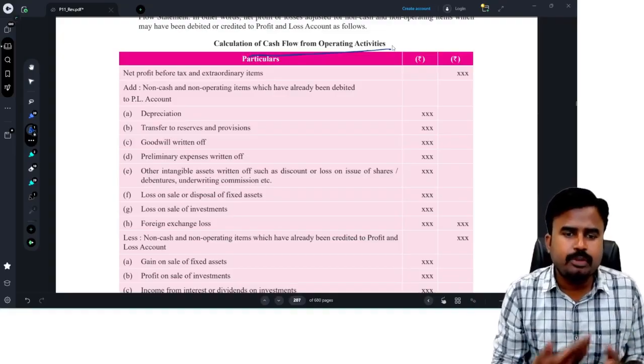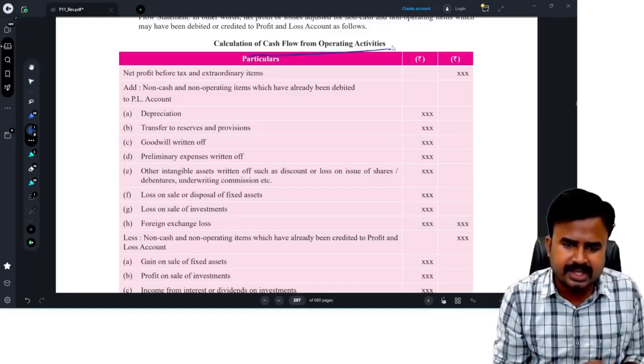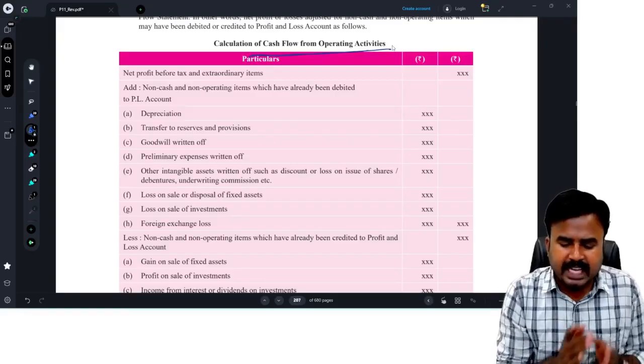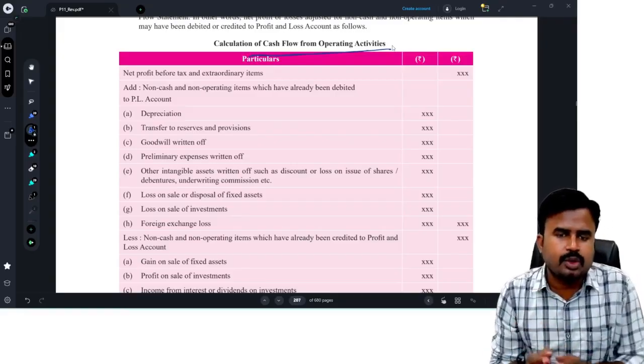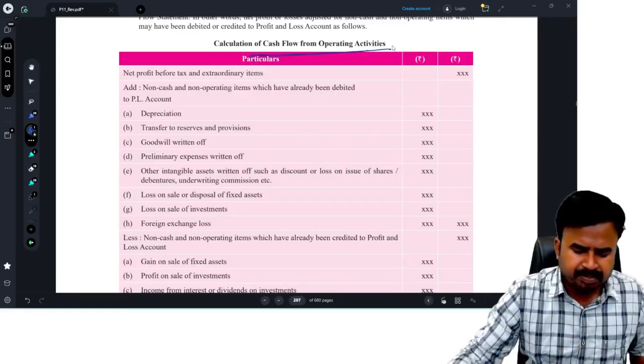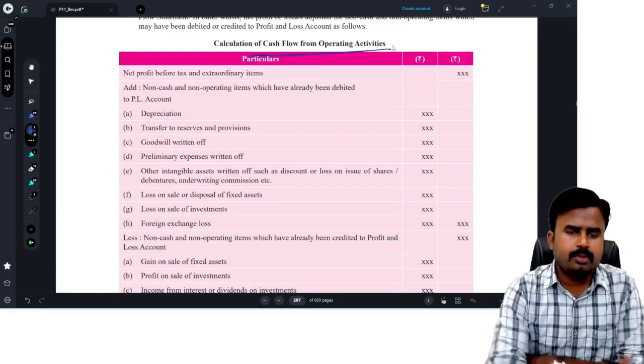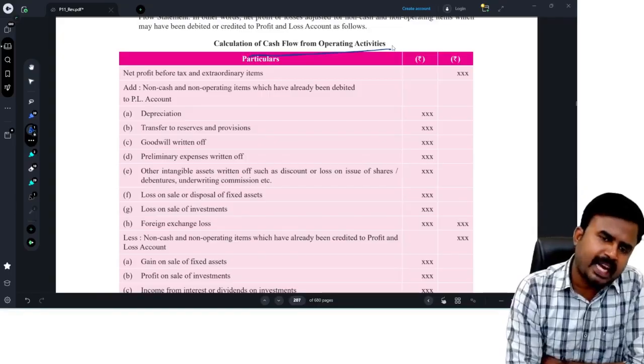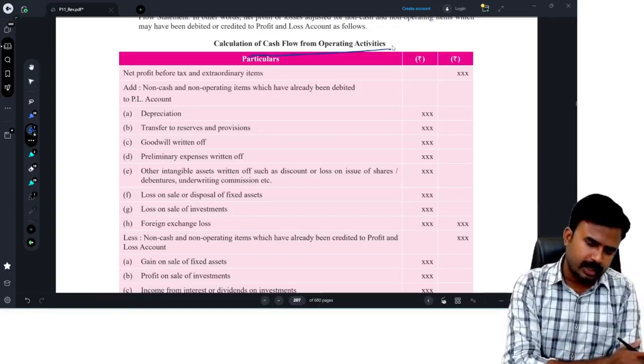So non-cash items should be added and non-operating items should be adjusted. Why? Because I'm going to prepare cash flows from operating activities only. So non-operating transactions should not be included in your cash flows. So this is a crucial statement because in most of the examinations, they'll ask you to prepare cash flows from operating activities under indirect method only.